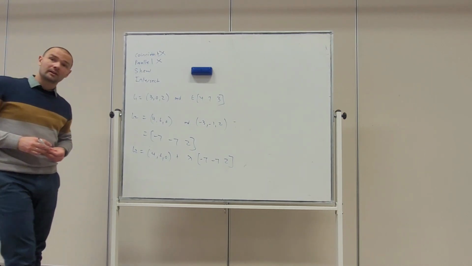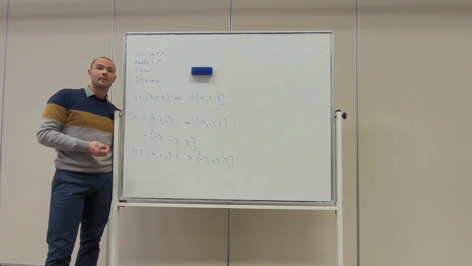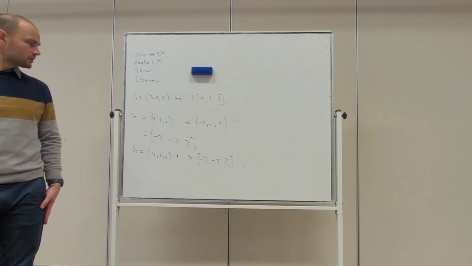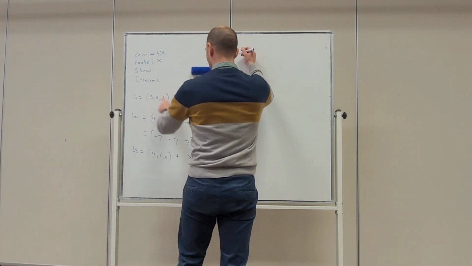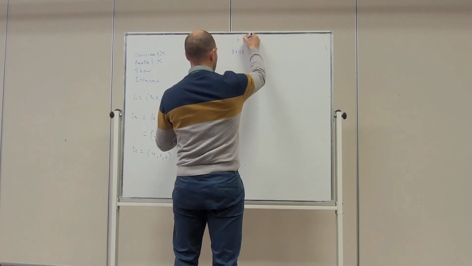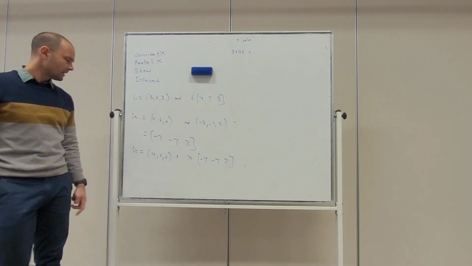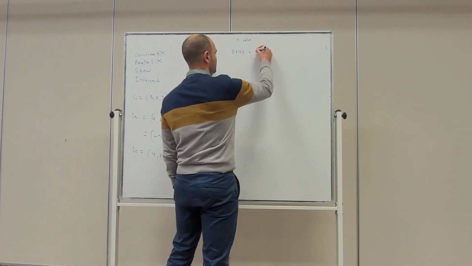So what we're going to do is we're going to try and solve the point of intersection. Now we'll get a value, and then we need to determine if that value is consistent with all of the equations. So let's start with x. For the x value of line 1, we have 3 plus 4t, and we're going to set, I'll just write that here, x value. So we have 3 plus 4t for line 1, and for line 2, it's going to be 4 take 7 lambda.